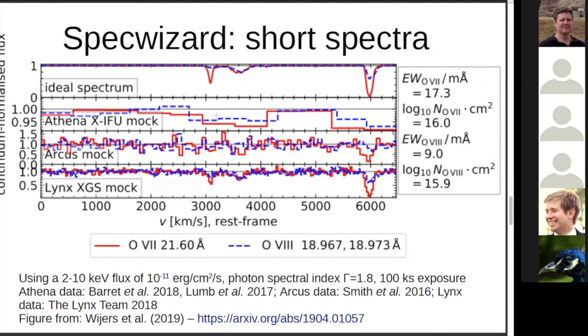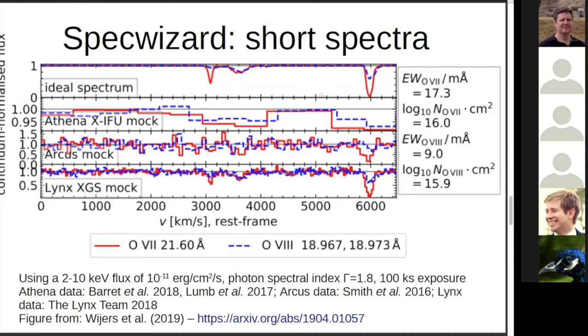And these are some very rough mock observations that you can already make with this. This is just assuming a flux, effective area, and exposure time to get roughly the photon noise, and an instrumental profile, which is just a Gaussian with the correct full width half maximum. This already gives you a pretty decent sense of what you could or couldn't do with something, at least as a rough idea.